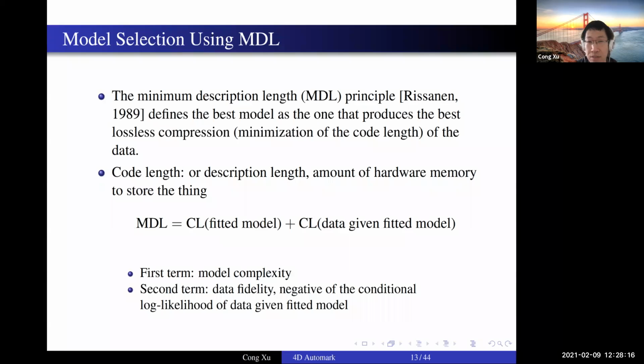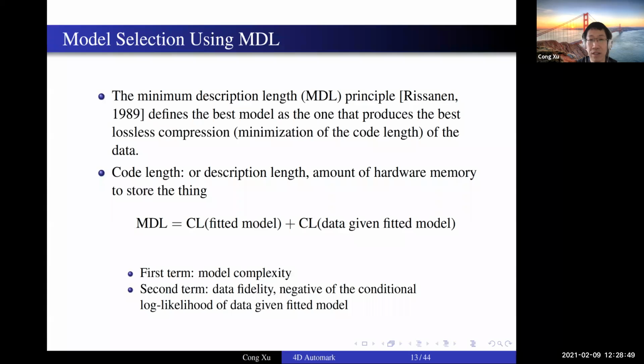And the second term, the code length for the data given the fitted model. So the idea is that if the model fits the data pretty well, then this term will be small. So actually that's called data fidelity. And the researcher who invented this principle derived that the second term is actually the negative log likelihood of the data given this fitted model.